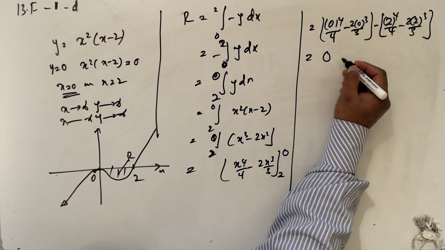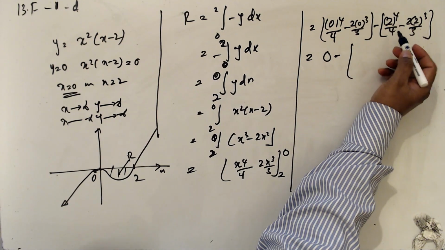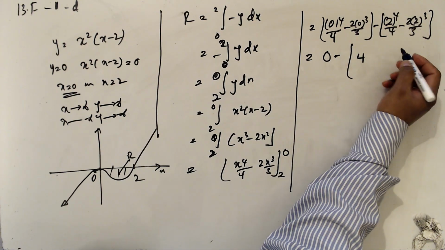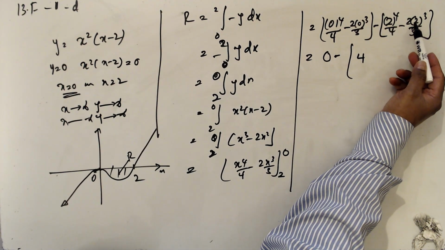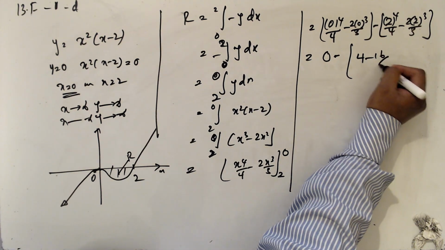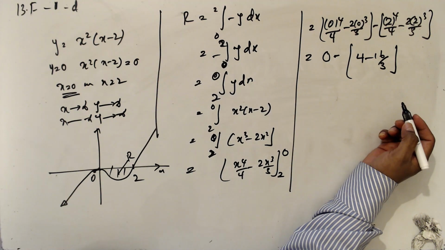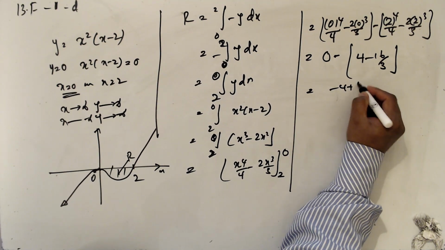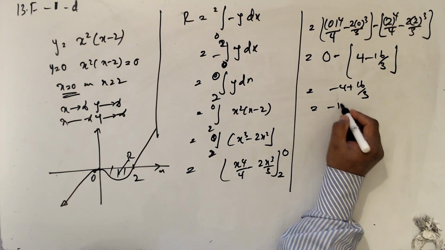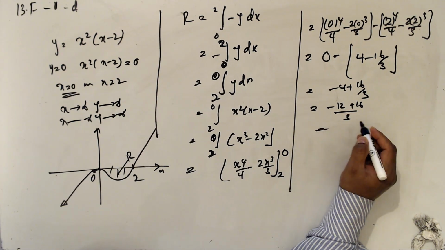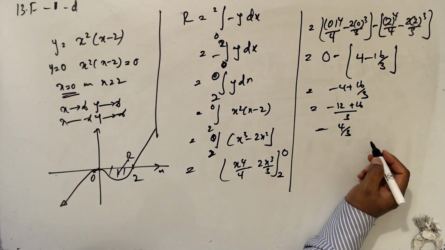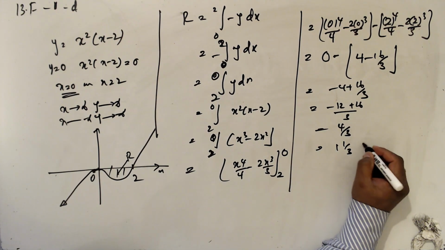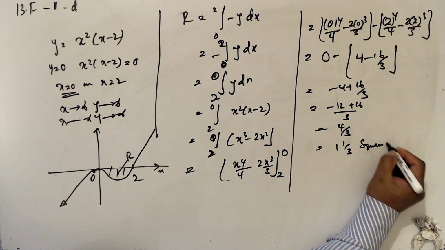So this value is going to be 0, this is minus, and 2 to the power 4 is 16 over 4, which is 4, and 2 to the power 3 is 8, 8 times 2 is 16 over 3. So this is going to be minus 4 plus 16 over 3. So minus 12 plus 16 over 3. This is going to be 4 over 3, 1 and a third square units.